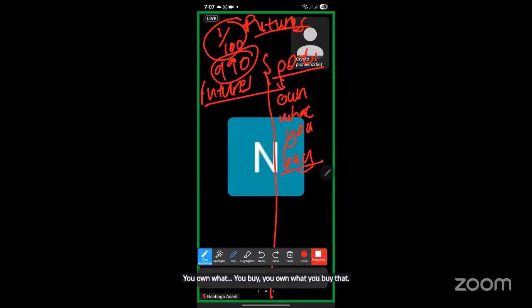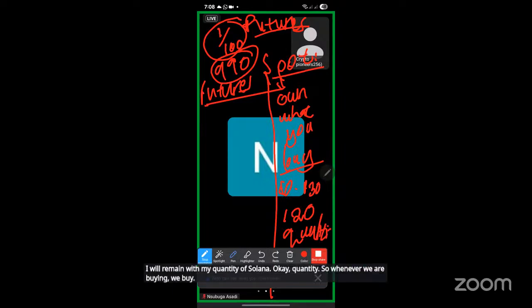If today I buy Solana at 130, and tomorrow Solana drops to 120, I will remain with my quantity of Solana, okay? So whenever we are buying, we buy quantity.